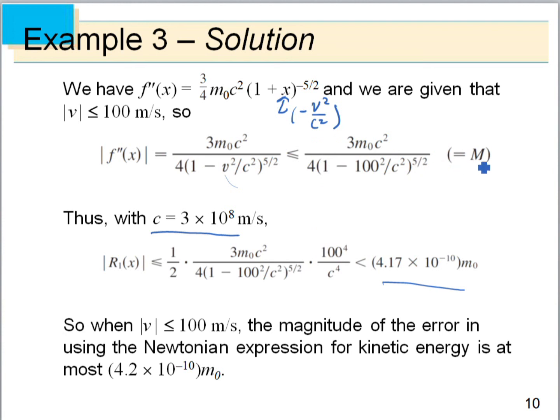And if we take this m and put it into the expression for the residue, the remainder, then we find that the remainder is bounded by this very small number times the mass at rest. So the error that we incur by taking the classical physics, the error between that and the relativity is going to be very small.